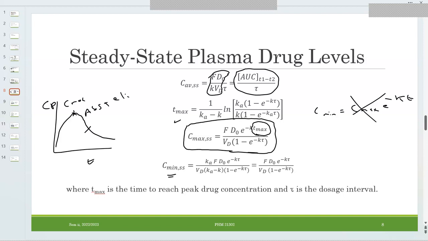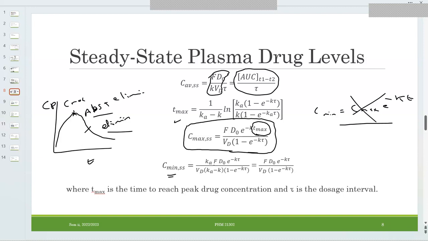Still there is absorption plus elimination, and then it will be elimination only, right? So there is not only elimination. If there is only elimination, that will decrease the level from Cmax to Cmin, like in case of IV, then I will just use this simple equation, this one. But no, between Cmax and Cmin, there are two processes, absorption and elimination.